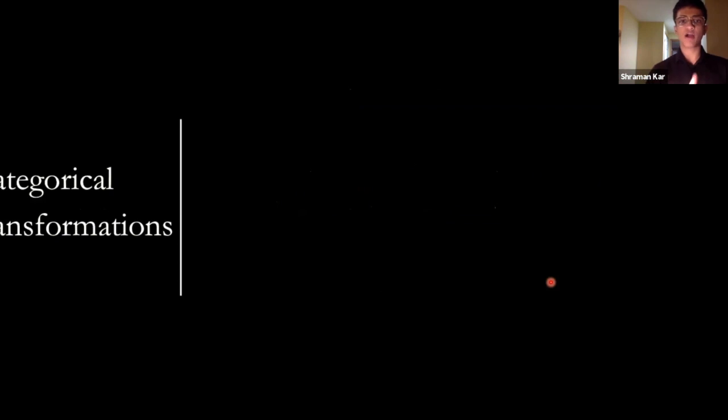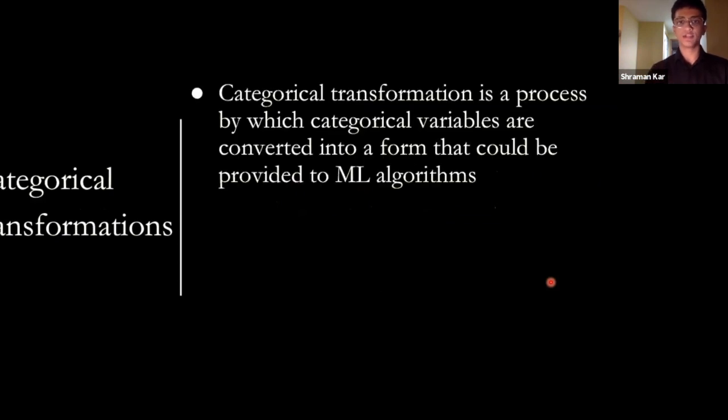Now let's talk about categorical transformations. Categorical transformation is the process by which categorical variables are converted into a form that can be read by the machine learning algorithm. For example, some categorical variables might be yes, no, and the machine learning algorithm can't really understand yes, no. So we have to change them to a numerical form so that the machine learning algorithm can understand it.